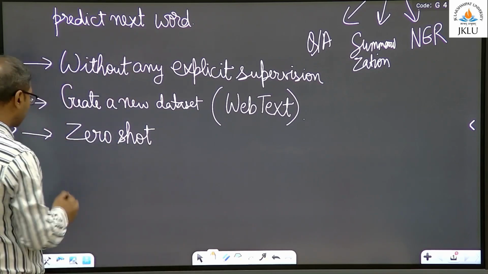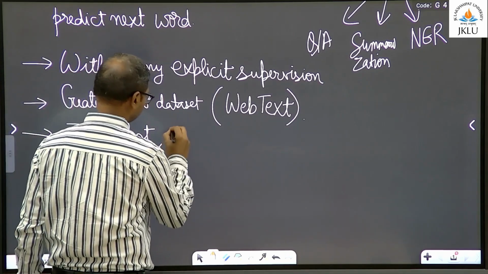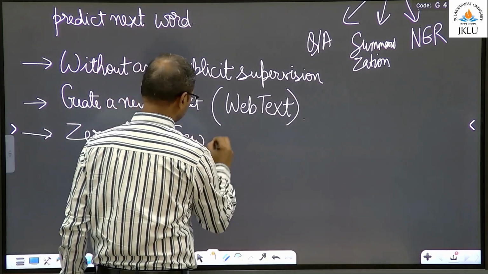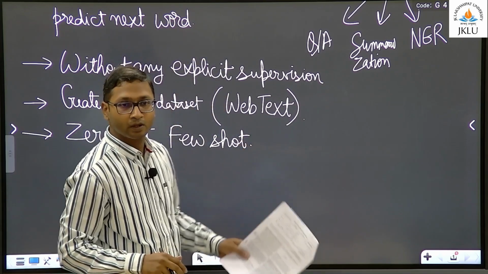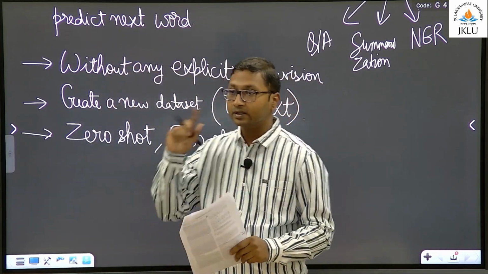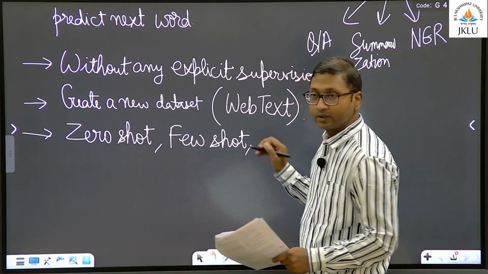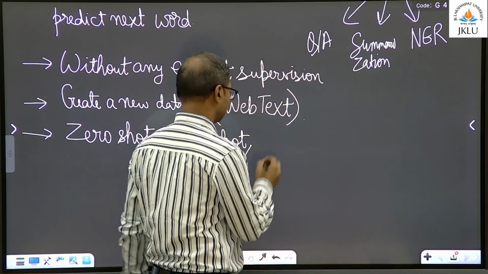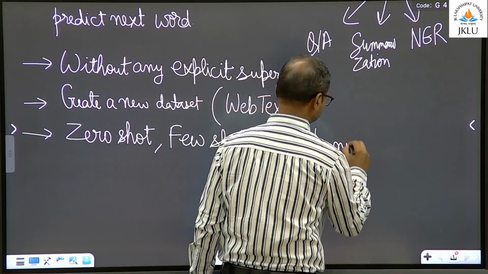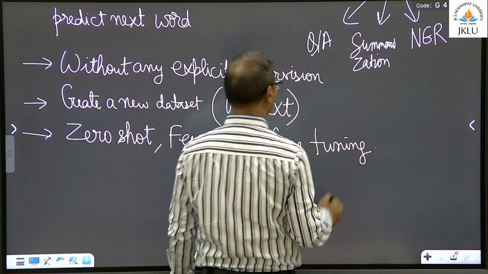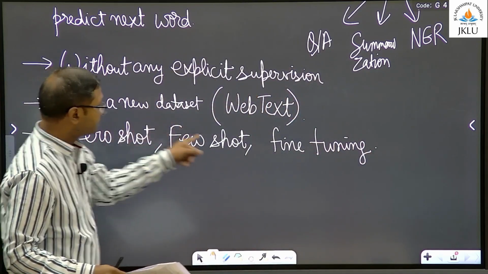So, terminologies like zero shot, few shot, and the third thing that we were doing in GPT-1, what was that? Now, how are these things related?